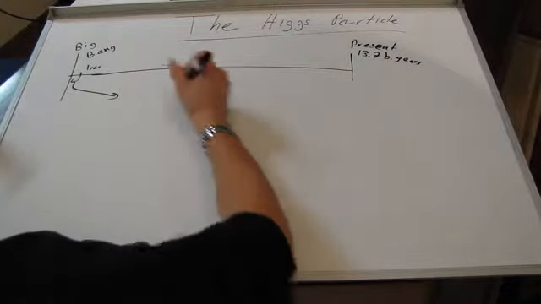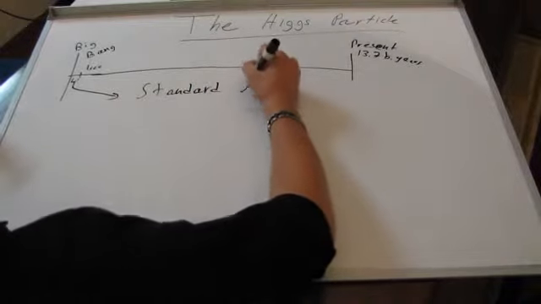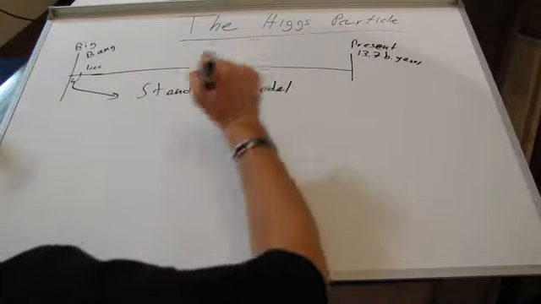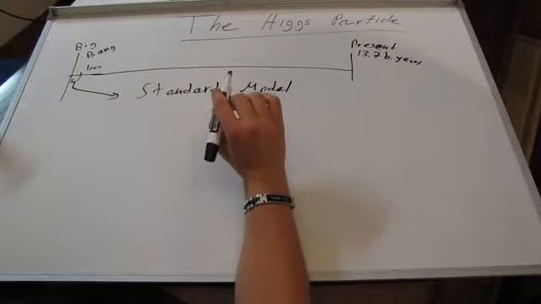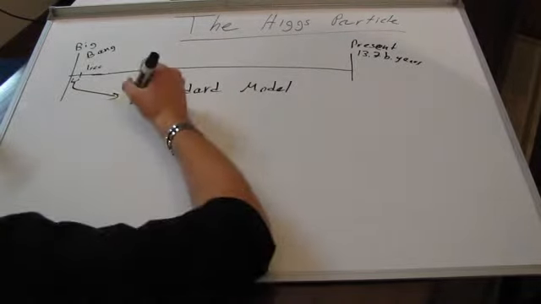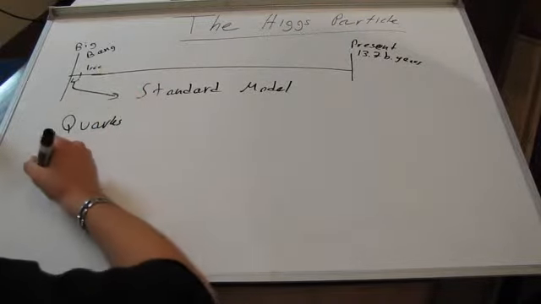To understand the Higgs particle better, we have to talk about the Standard Model. The Standard Model is a theory that consists of 12 subatomic particles and 4 bosons. The subatomic particles are separated into quarks and leptons.